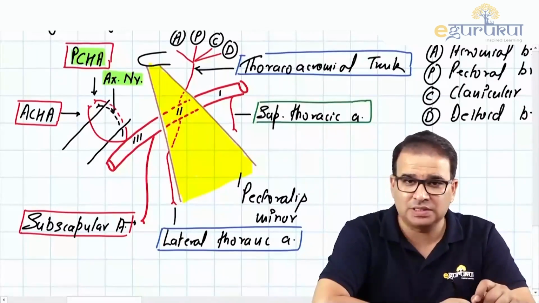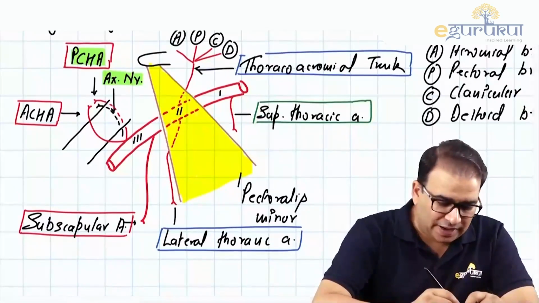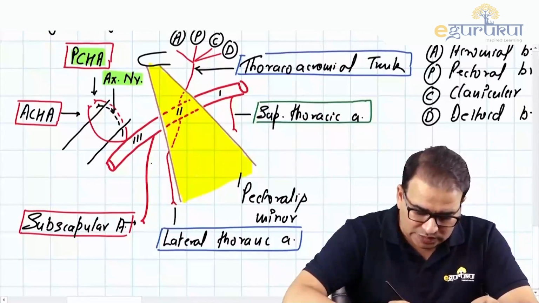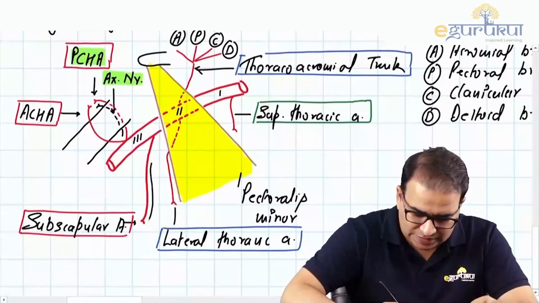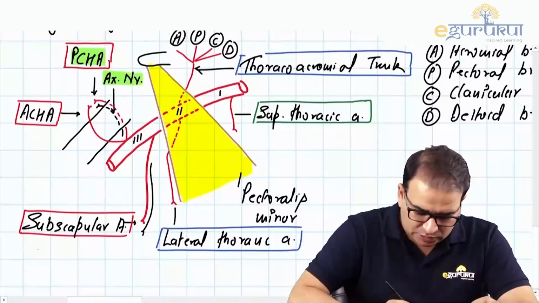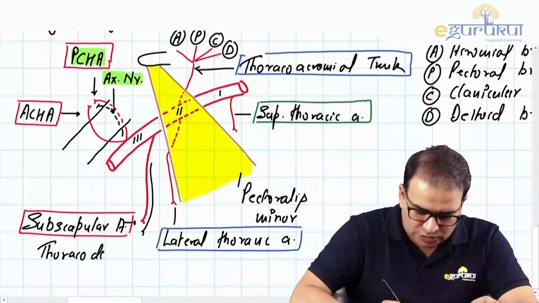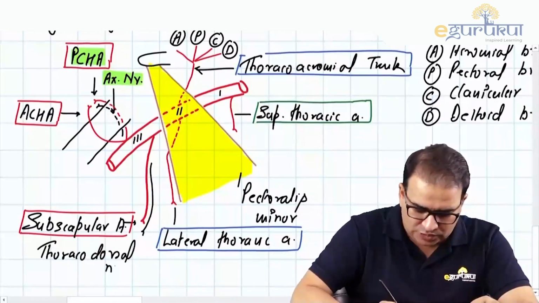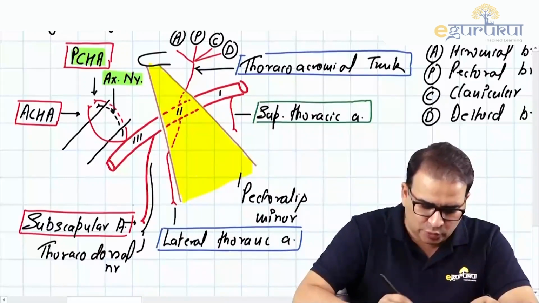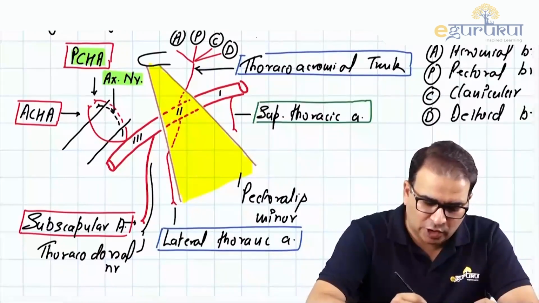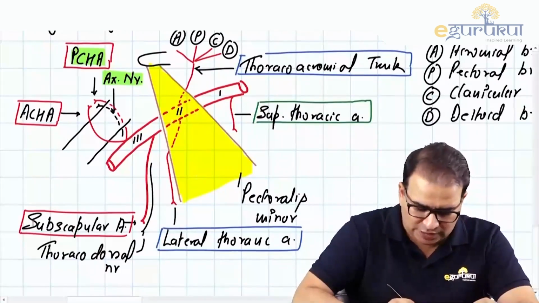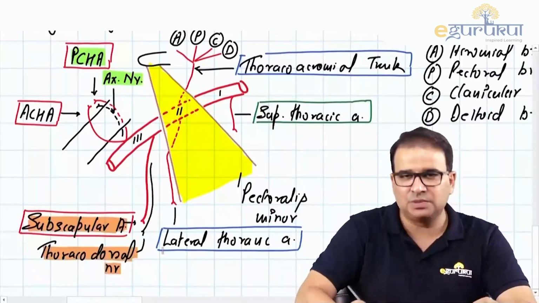Second important relation is the subscapular artery. Guys, along with the subscapular artery, you will see a relation of a nerve, and this nerve here is the thoracodorsal nerve. Also, you can say nerve to latissimus dorsi. So the thoracodorsal nerve can also be called the nerve to latissimus dorsi. So the second important relation is that along with the subscapular artery, we have the thoracodorsal nerve or nerve to latissimus dorsi.